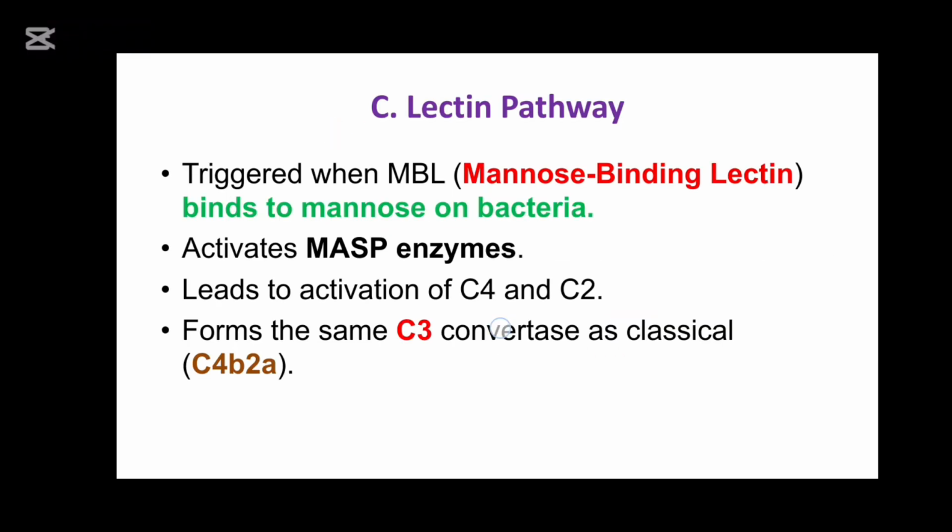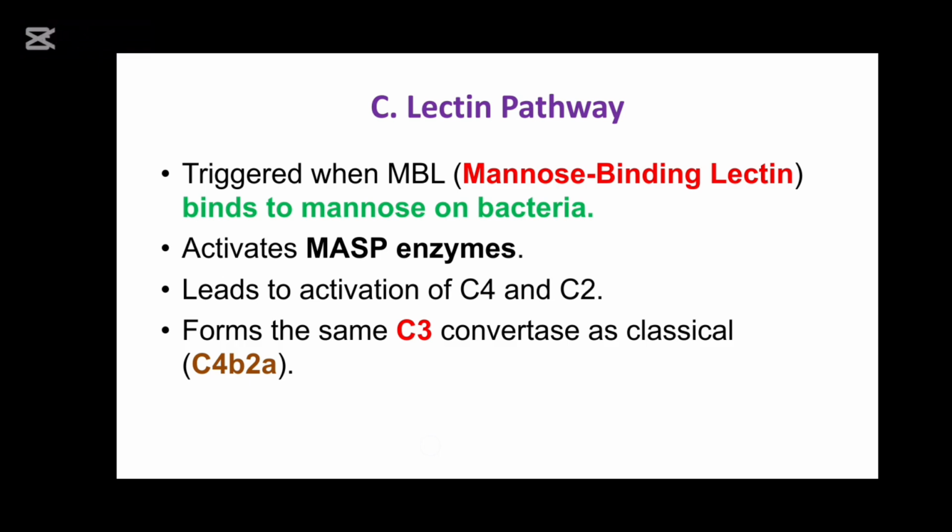Same way, C4 and C2 make up the C3 convertase, as in classical, C4B2A. So now it's just the way this complex has been made. The C3 convertase appears in all of them, but the way it is made is different.